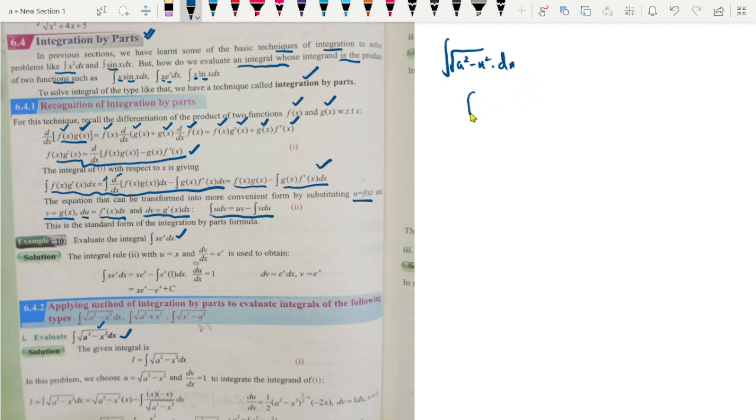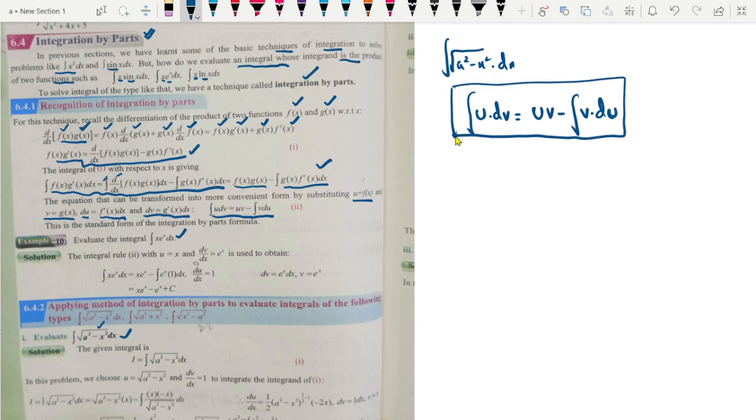We know that the formula of integration by parts is integral of u dv is equal to u into v minus integral of v du. So here we have to select one function as u and the other as dv.